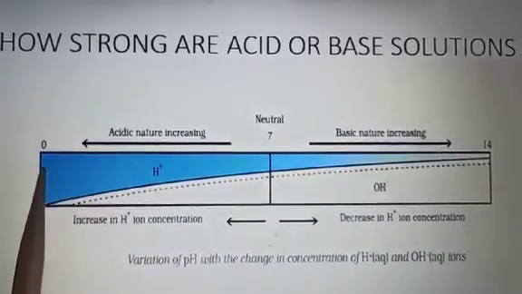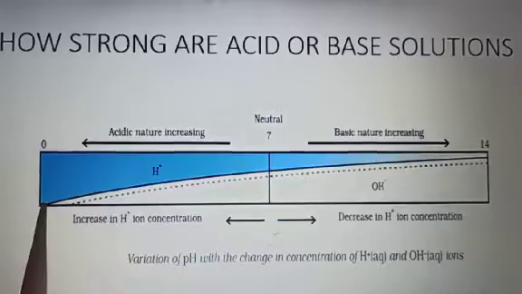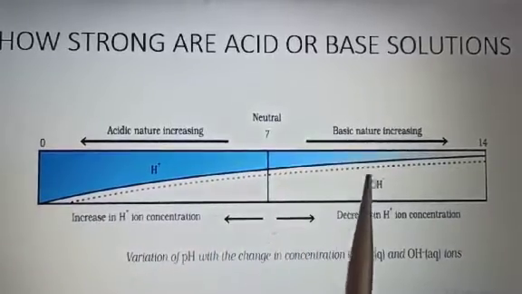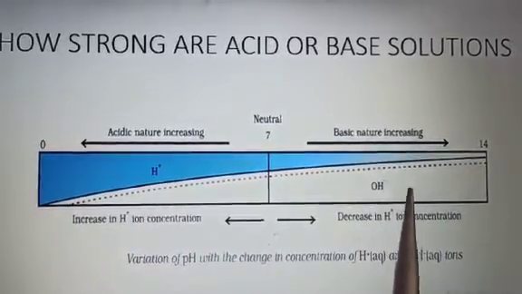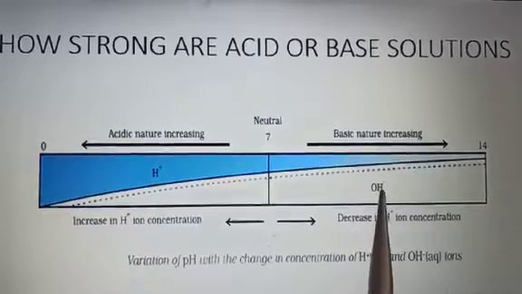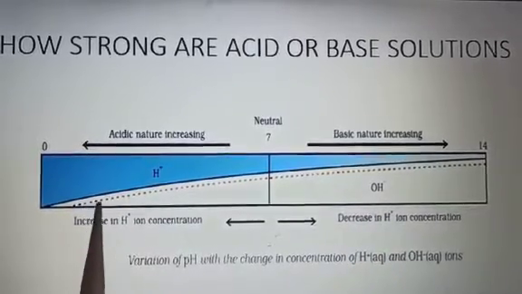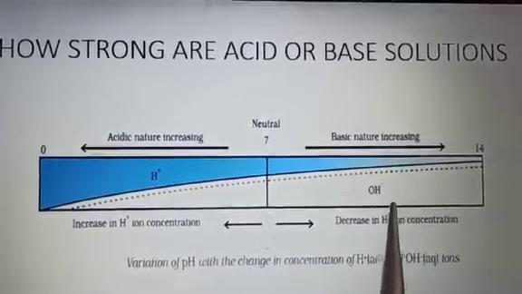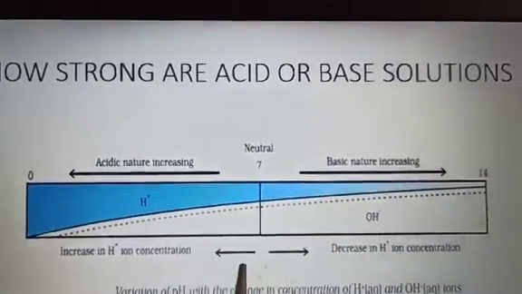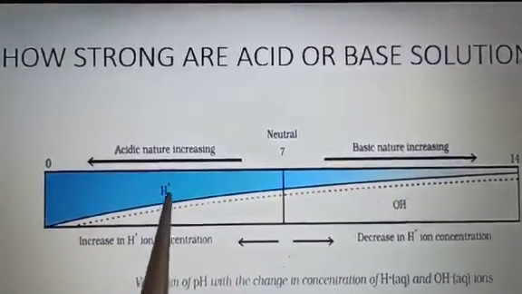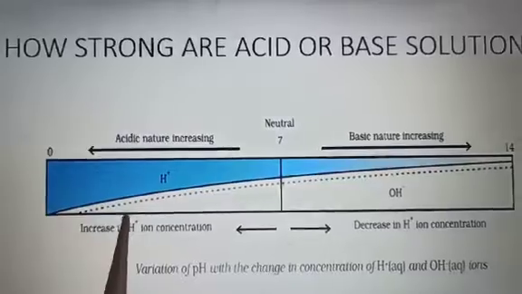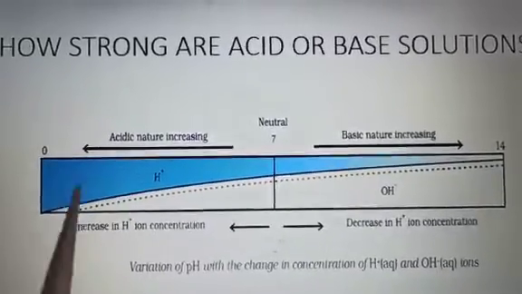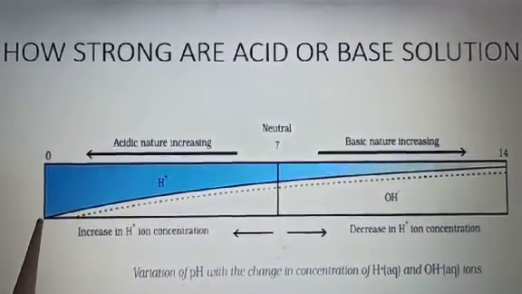You can see this blue area decreases from 0 to 14, right? And OH- increases from 0 to 14. OH- ions mean the nature is alkaline. H+ ions mean the nature of the substance is acidic. So the more H+ ions, the more acidic the substance is.